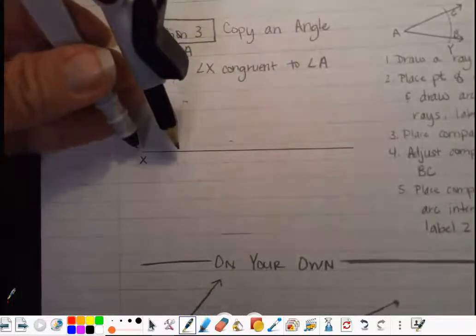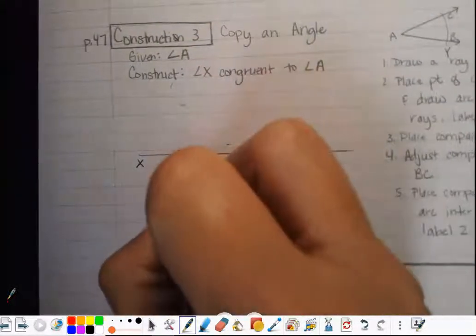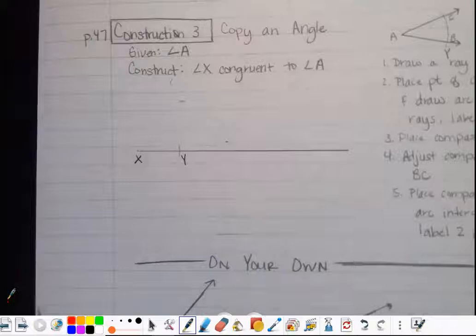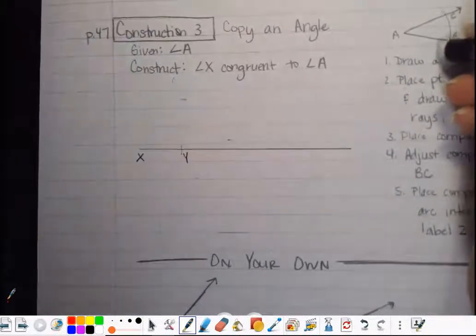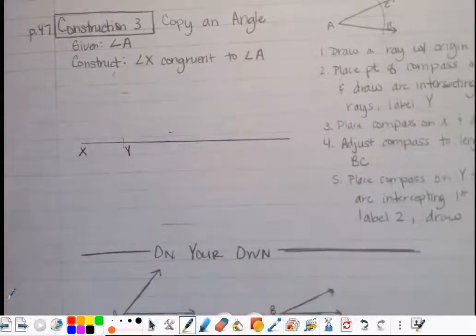So I put my point of the compass on X, and I want to mark that on my line, my Y. I actually don't need to mark it on my old one. That might be a little confusing for people on my new one. Are we good so far?